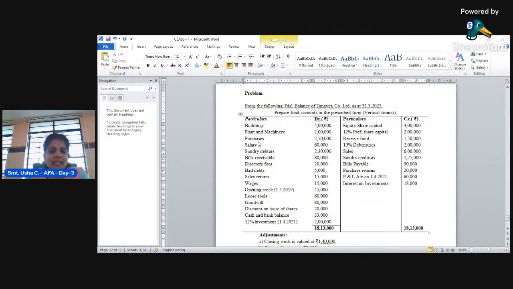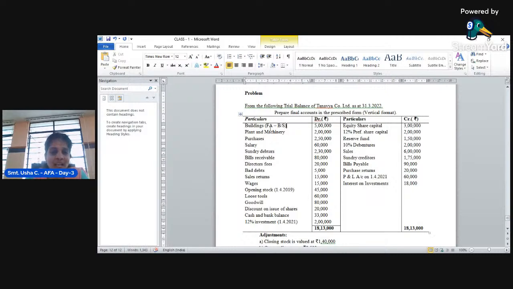Building is an asset, right? So building and plant and machinery are always considered assets, and will be taken on the asset side of the balance sheet, under fixed assets. So this is a fixed asset which goes to the balance sheet.